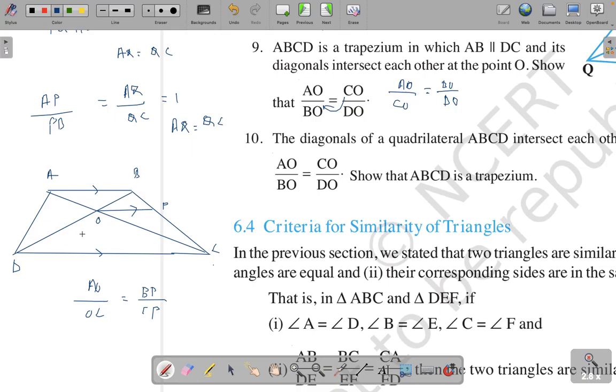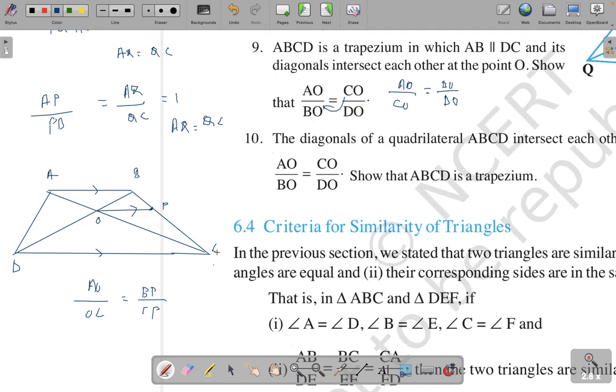Because you have drawn this parallel line, this side should be fixed, because you don't know anything about this point, you have constructed it. So this side should always be in the other triangle as well. Is this clear?